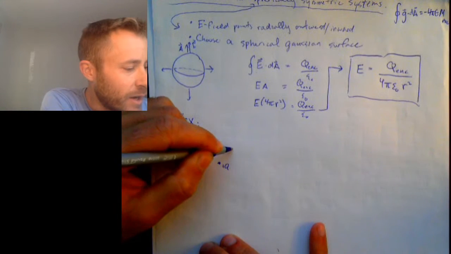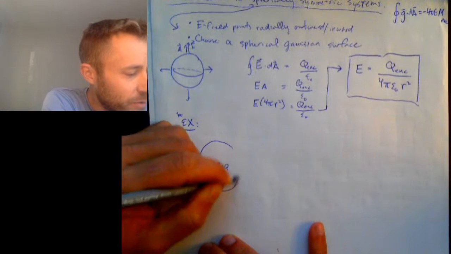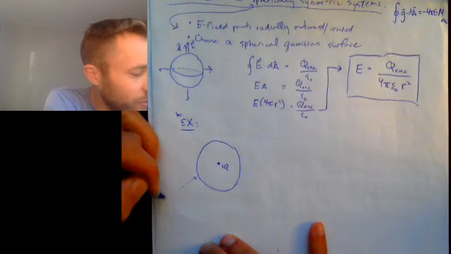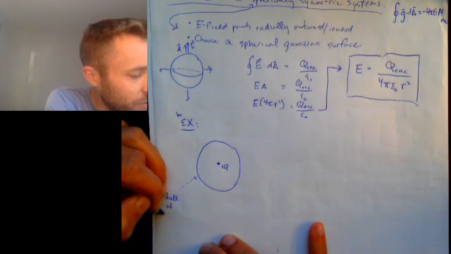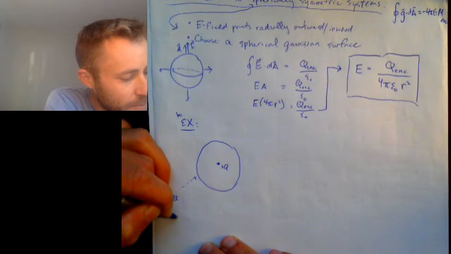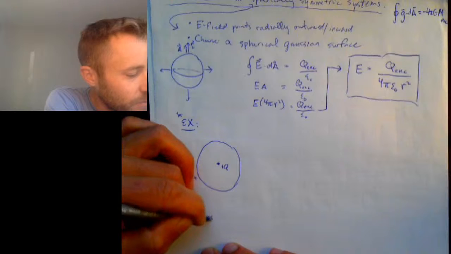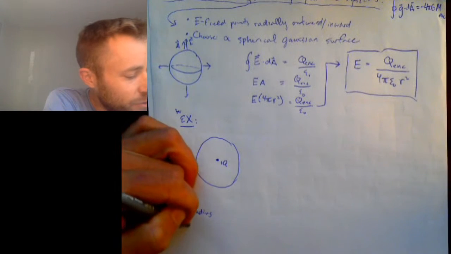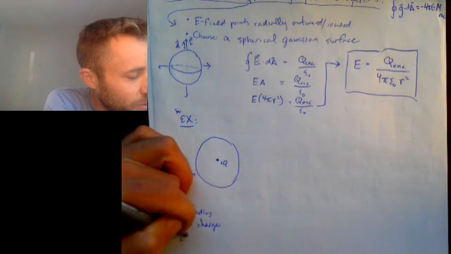And then we have a shell of charge. So this is a shell of charge with radius A and charge minus 2q.